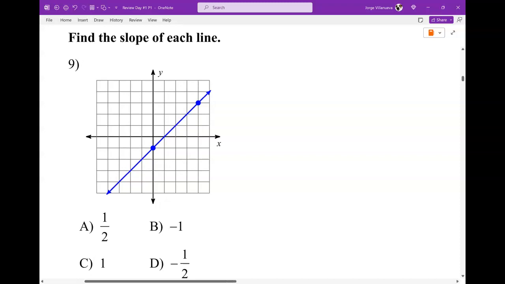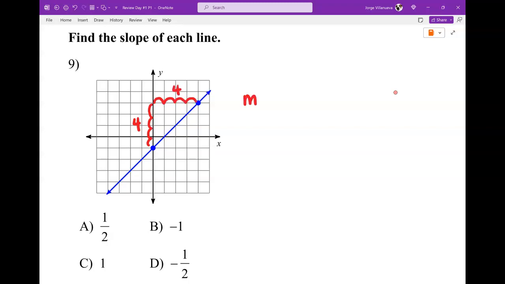All right, figure out the slope of the line. Whenever you're given 2 points and they want a slope, all you have to do is count. So I'm going to go rise 4 and run 4.